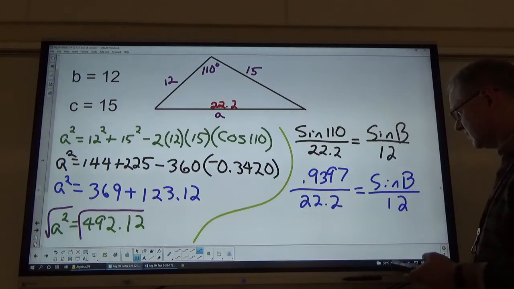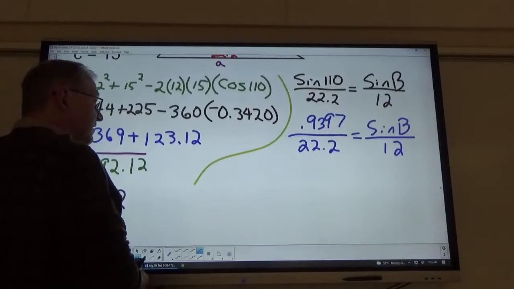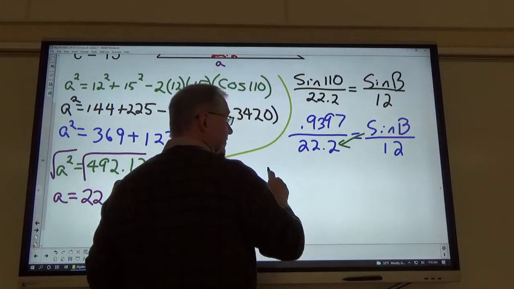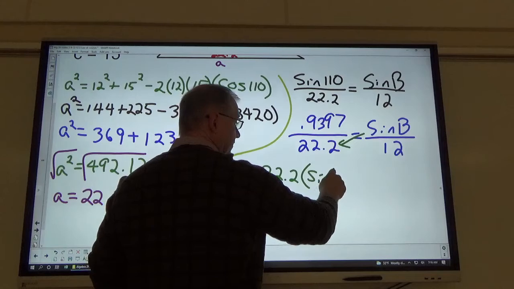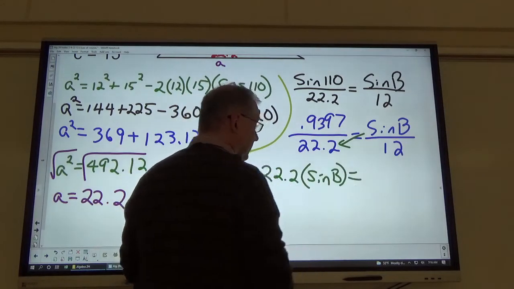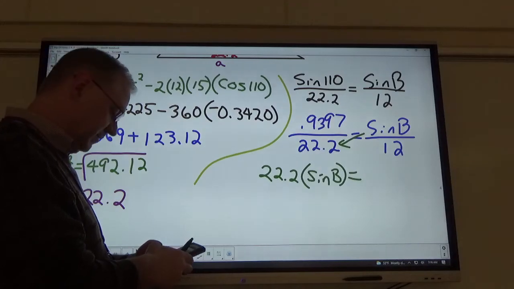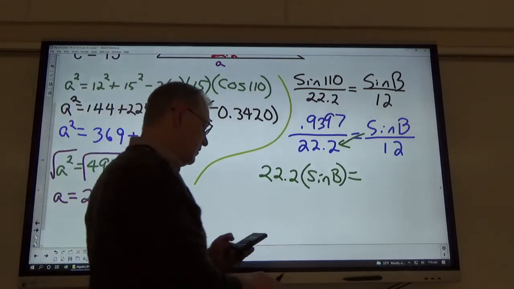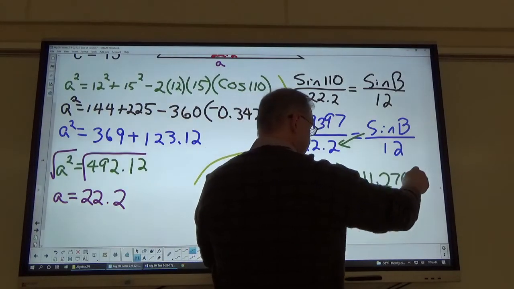All right, so let's cross multiply and solve this. When I multiply diagonally here, I get 22.2 sine of B. And on the other side, 12 times 0.9397 is 11.2764.